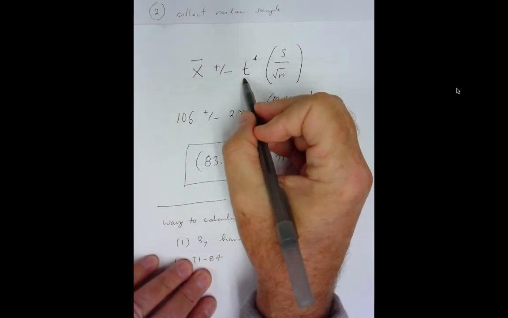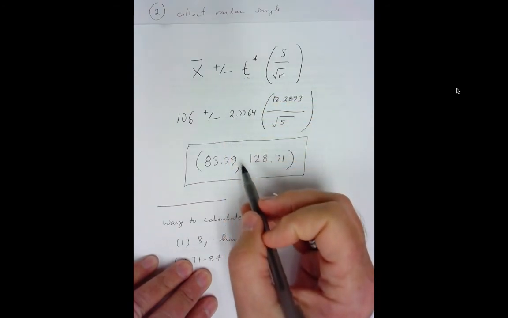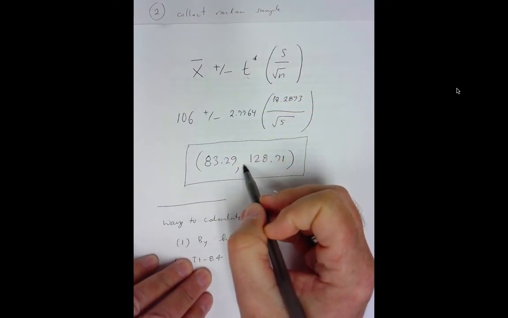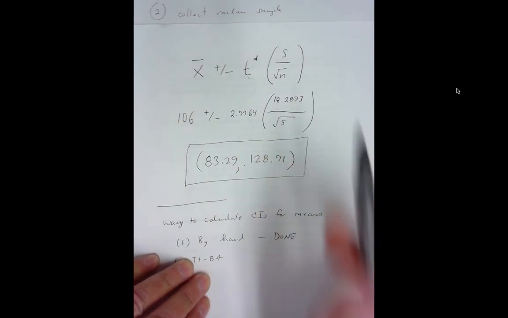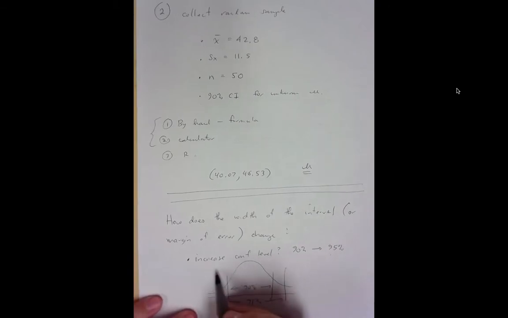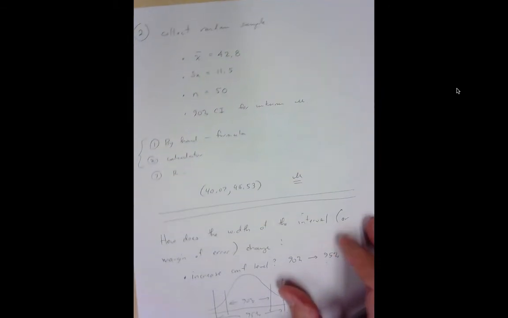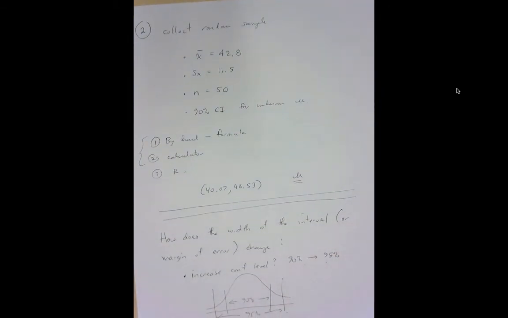So when I go back to my formula and multiply by a bigger number, what's going to happen to the width of my interval? It's going to get bigger. The margin of error, the width over here, is going to get bigger. So if we increase the confidence level, the interval will get larger.